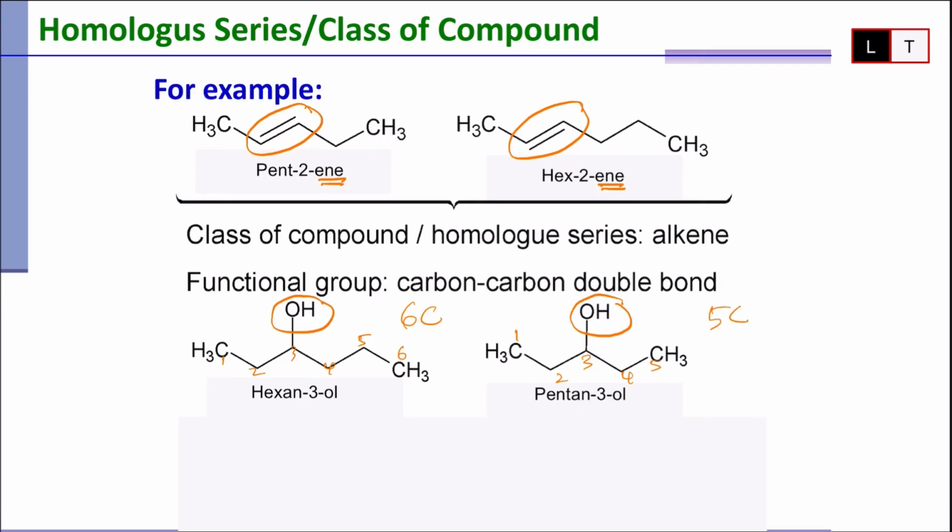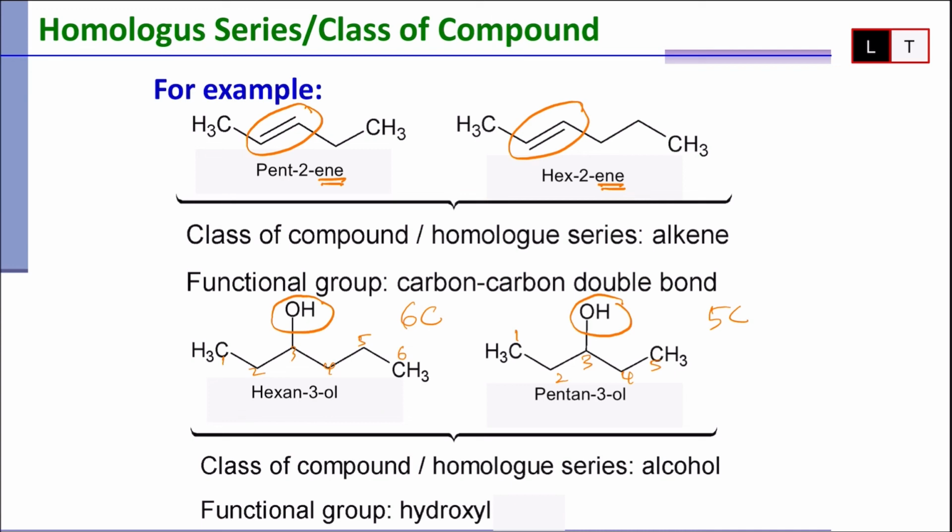So ini 5 carbon. So walaupun bilangan karbon yang berbeza, tapi dia masih lagi daripada family yang sama kerana presence of same hydroxyl group. Okay, iaitu kita punya functional group. So, kita boleh conclude this one, homologous series dia ataupun class of compound dia adalah alcohol dan functional group dia adalah hydroxyl. It is very easy.